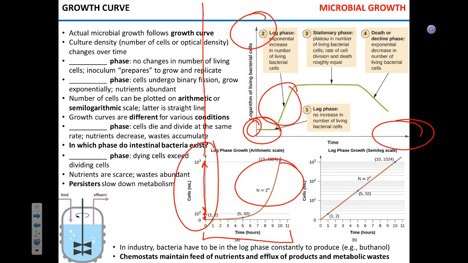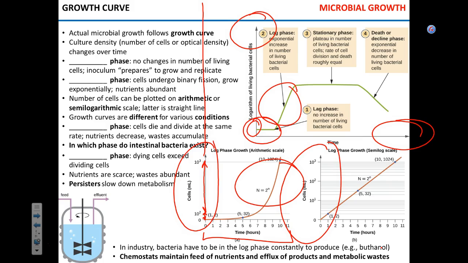To avoid that, we use the so-called semi-logarithmic scale. Instead of using the number of cells, we use the logarithm of the number of cells. What does that mean? What is the logarithm of 10? 1.